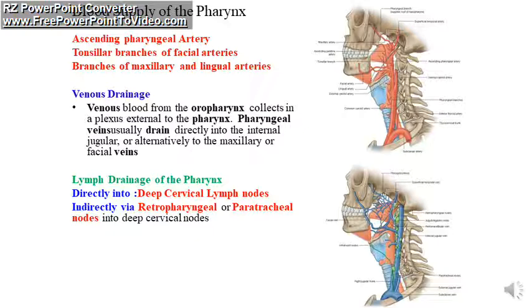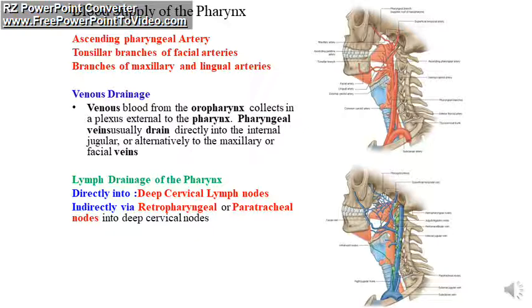So we have two drainage routes: either the internal jugular, or drainage into the maxillary vein or the facial vein. You see, this is the area, and you see here the venous drainage of the pharynx.